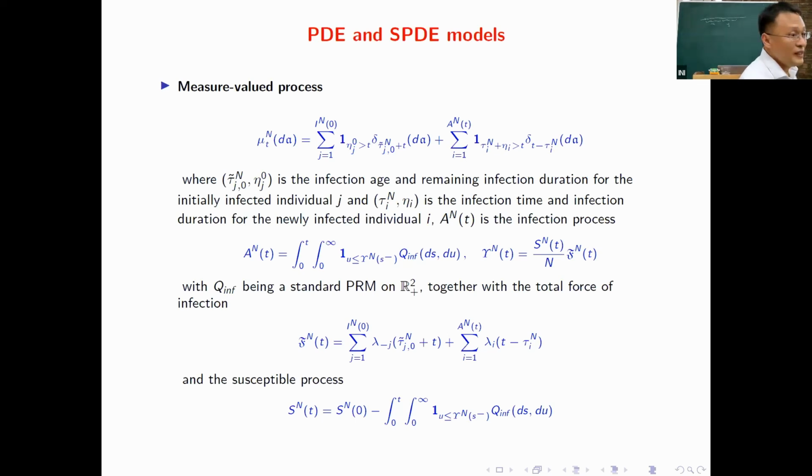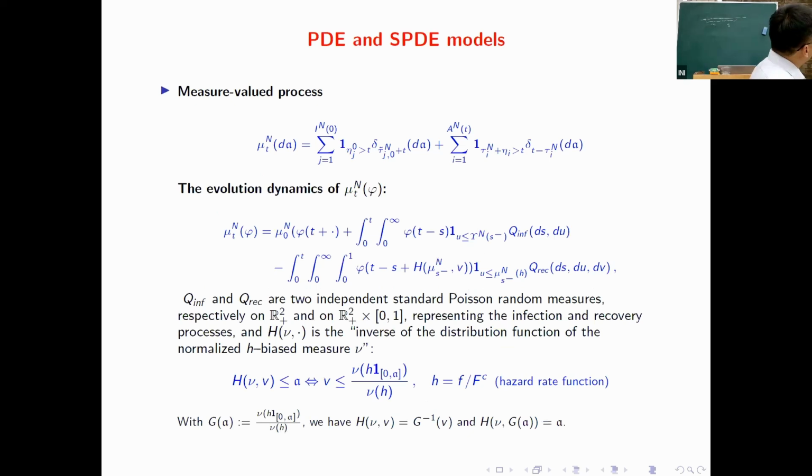So this would describe the dynamics, right? It's rather complicated because they all depend on each other. So how to analyze this? Well, we came up with this expression of the evolution dynamics using 2 Poisson measures.